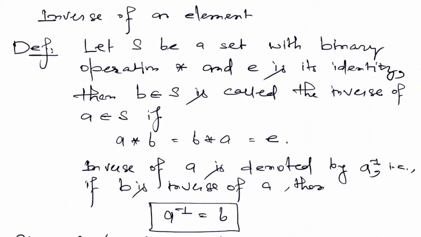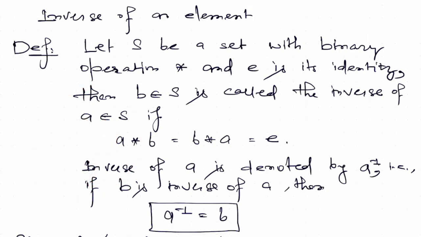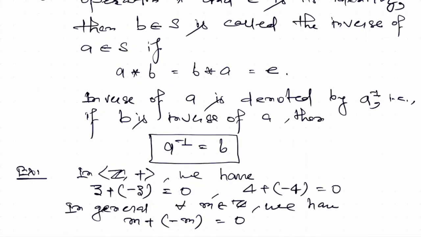Inverse of an element. Let S be a set with binary operation star and E is the identity. Then an element B is called the inverse of A if A star B equals B star A equals identity. So basically you have a set S and you have an element A. B is called its inverse if AB results in identity. Inverse of A is denoted by A inverse, that is, if B is the inverse of A, then A inverse equals B. Now take an example.